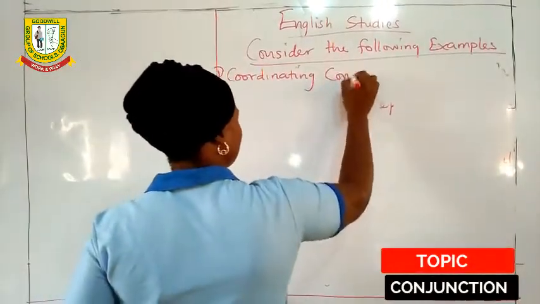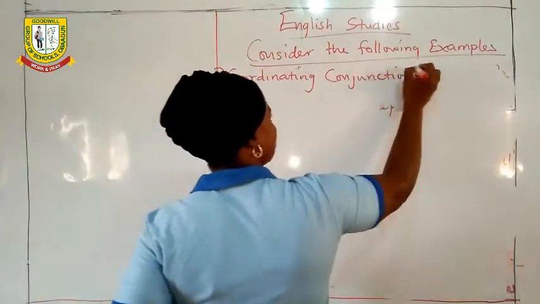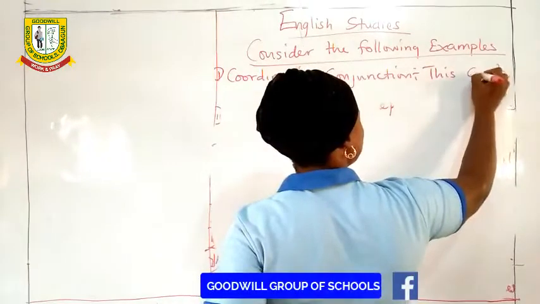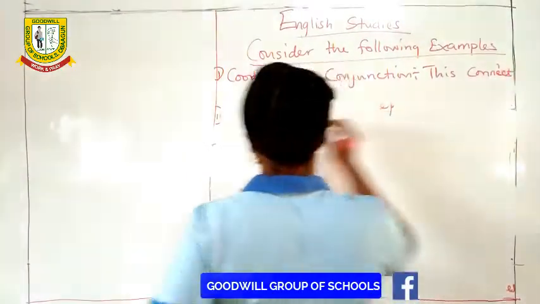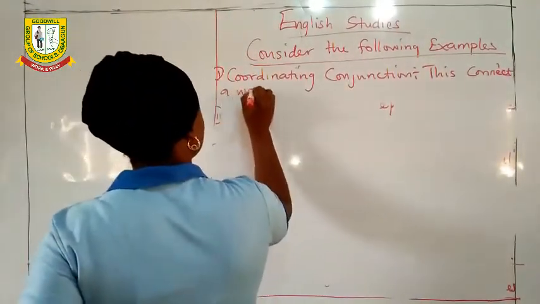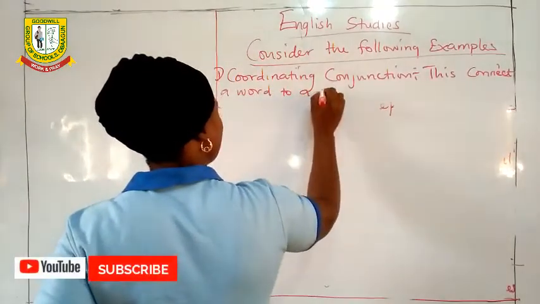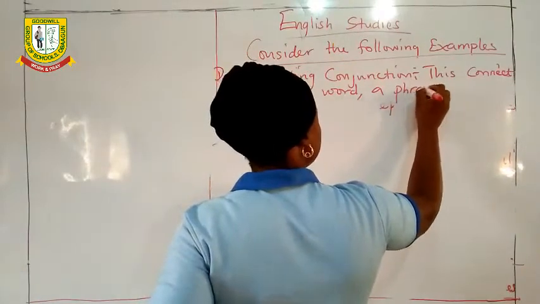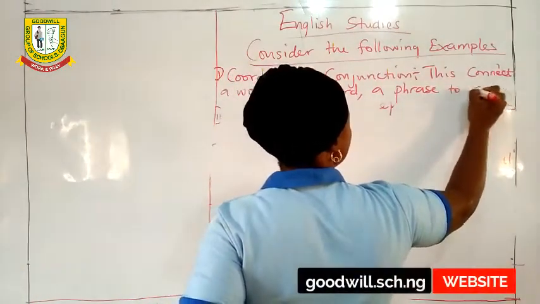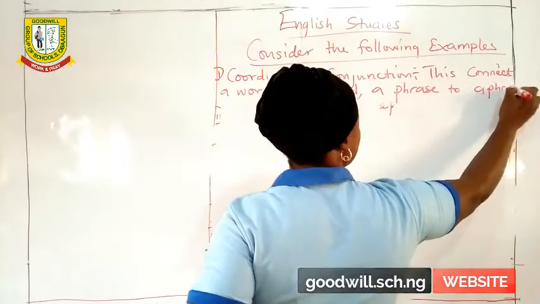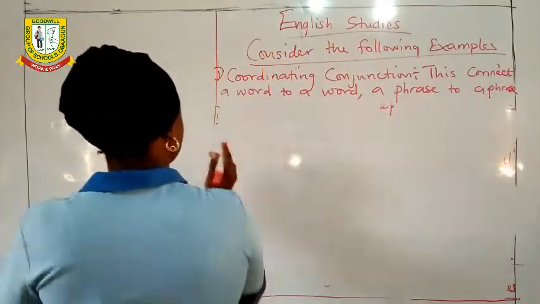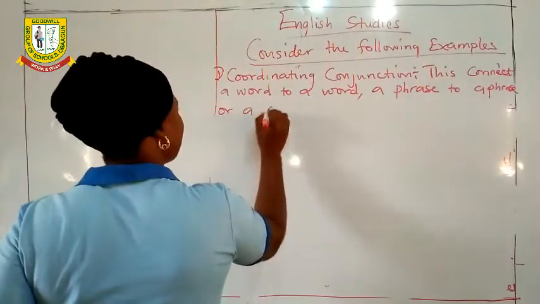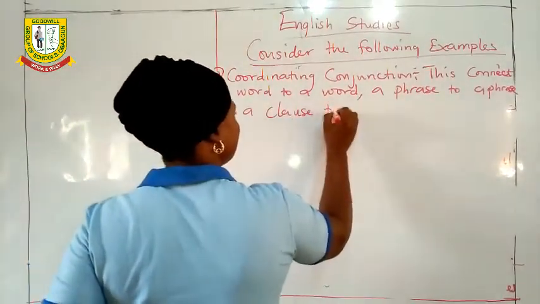Coordinating conjunction. This connects a word to a word, a phrase to a phrase, or a clause to a clause.